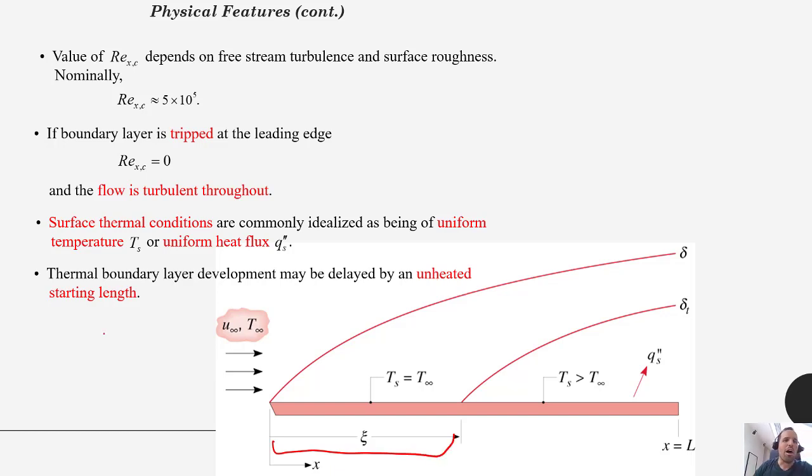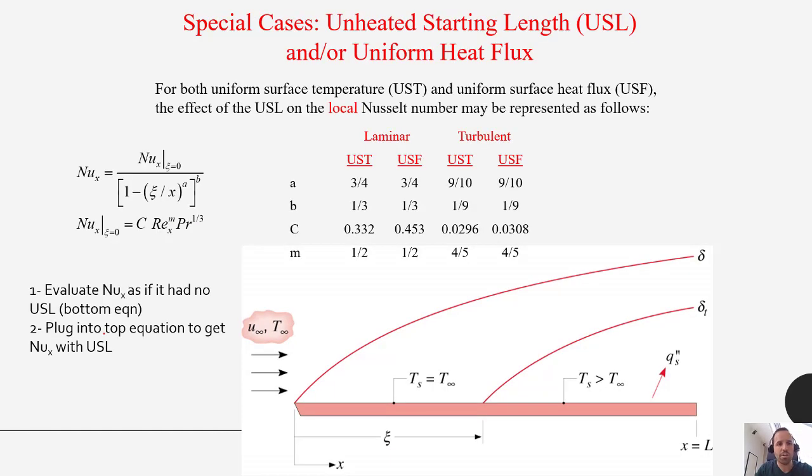So just a bunch of different variations on fluid flow over a flat plate, and many of these different circumstances come with different correlations. Here are some correlations, depending on whether you have an unheated starting length and/or uniform heat flux, and also depending on whether your flow is laminar or turbulent.